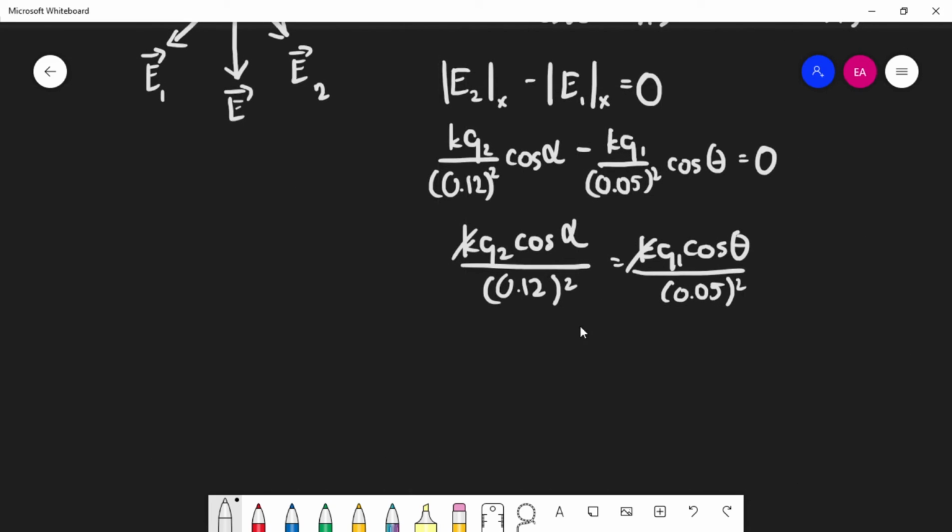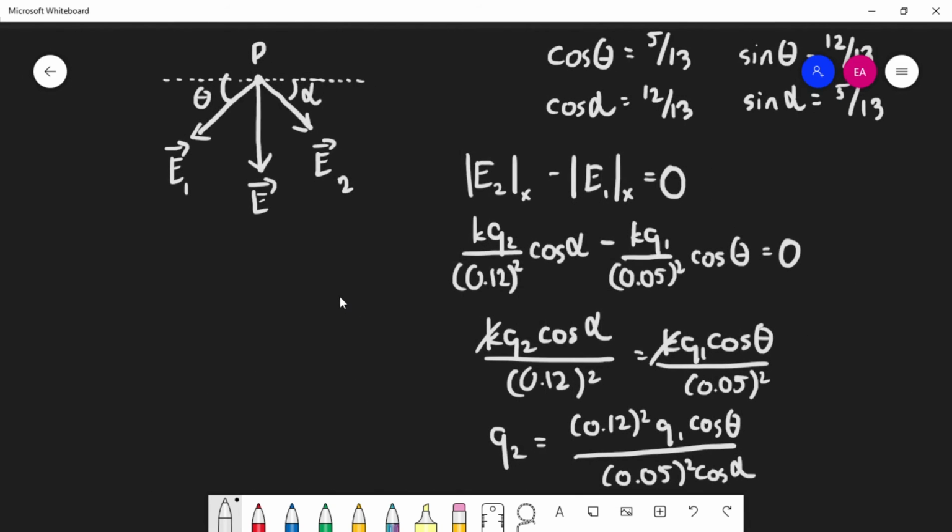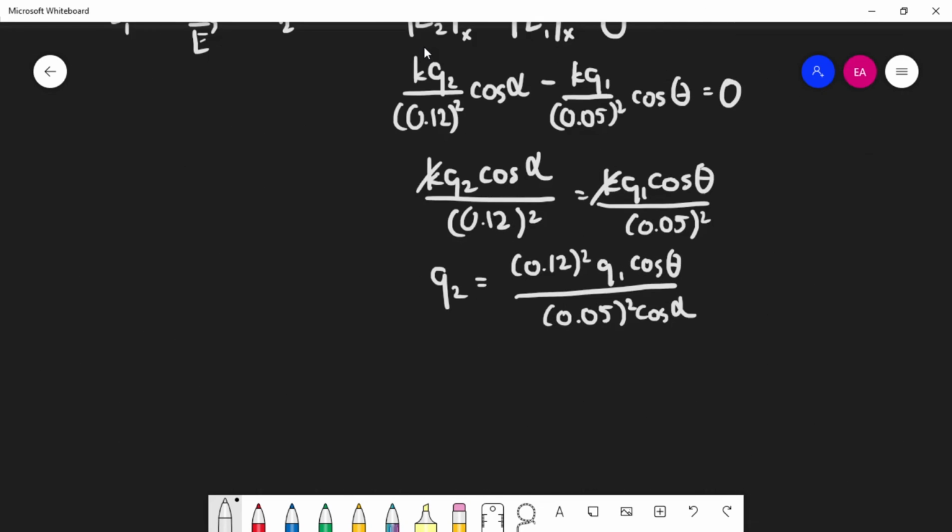Multiply both sides by 0.12 squared over cosine alpha. We would get q2 is equal to 0.12 squared q1 cosine theta all over 0.05 squared cosine alpha. Now we already have cosine theta and cosine alpha in our list here. So just substitute that into your calculator.